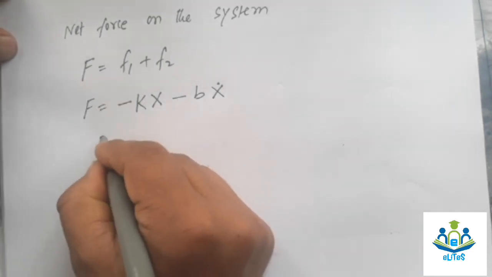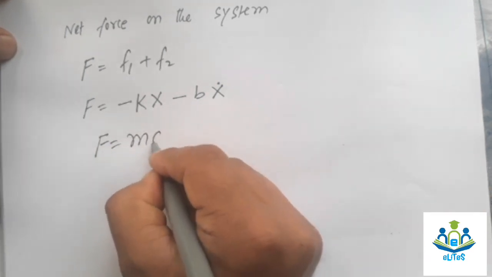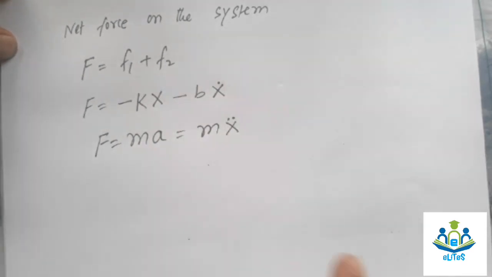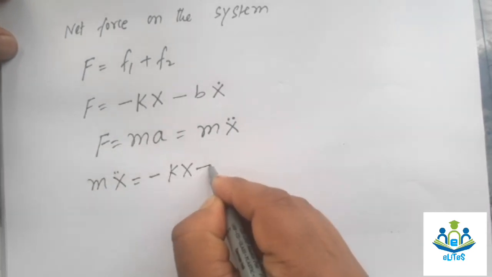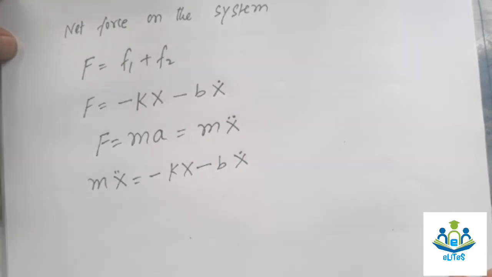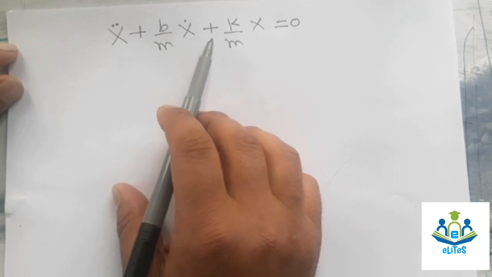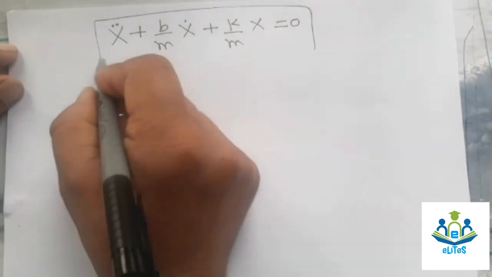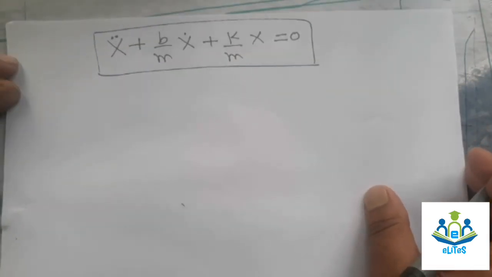When it oscillates, it has some acceleration a, so mass times acceleration gives m x double dot. So m x double dot equals minus kx minus b x dot. We can write it as x double dot plus (b/m) x dot plus (k/m) x equals 0. This is the second order differential equation for damped simple harmonic motion.